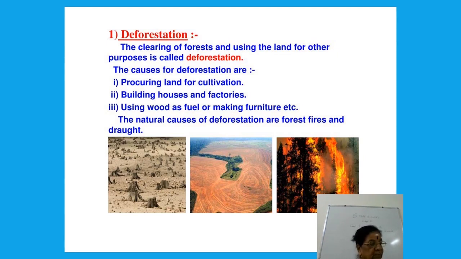We know that deforestation means clearing of forest and using land for other purposes. The purposes are procuring land for cultivation, building houses and factories, making furniture, or using wood as fuel. Then some natural causes of deforestation are forest fire and severe drought. I hope you are able to follow this. So these are the causes of deforestation.